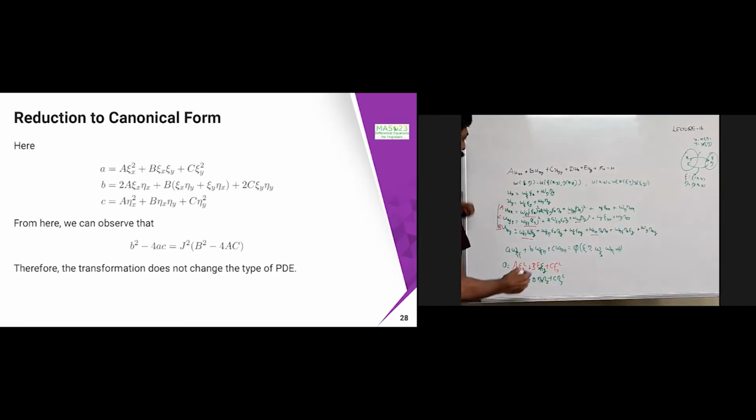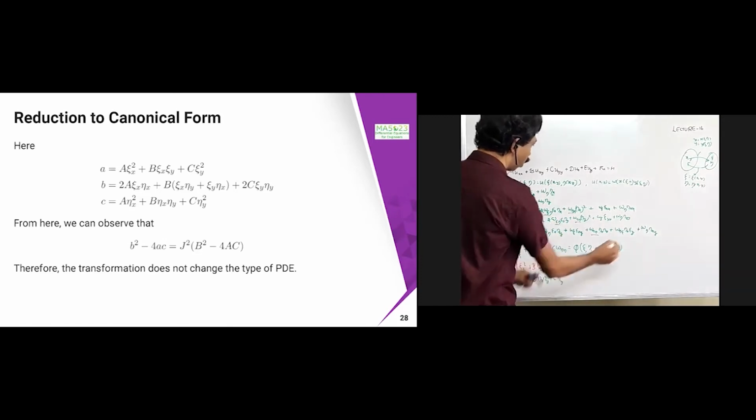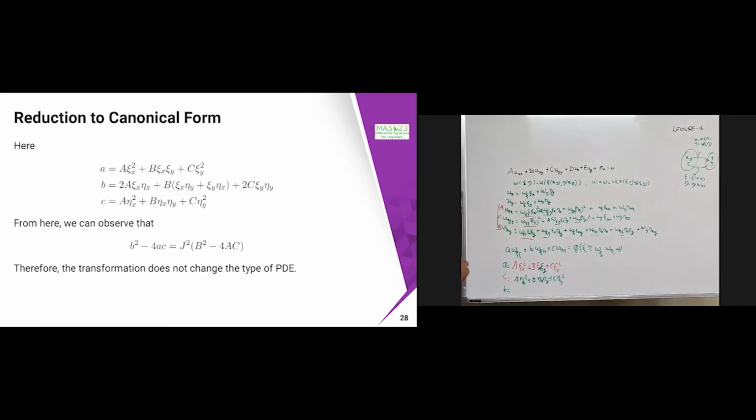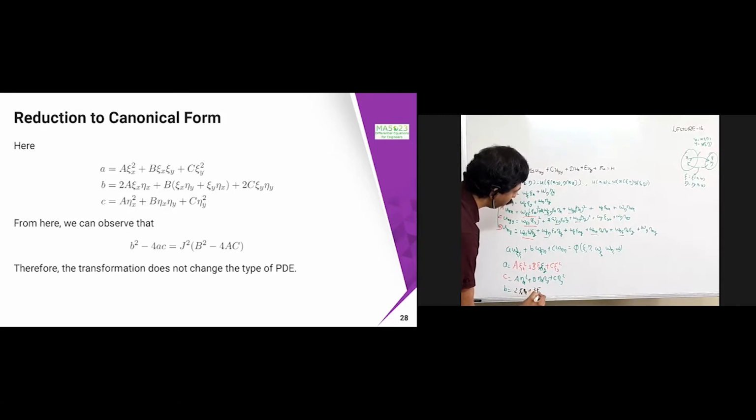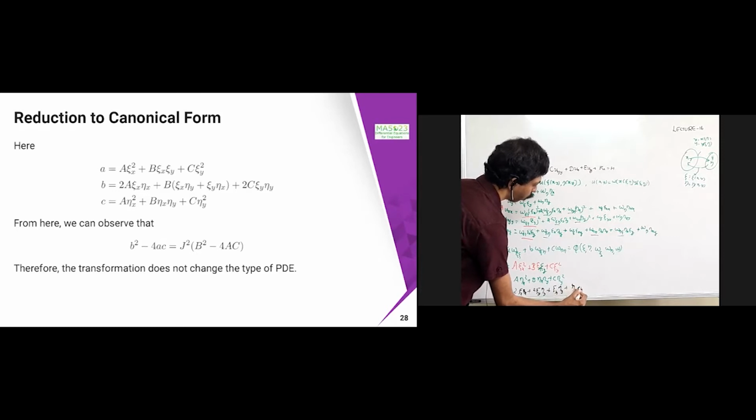Same way you can define B. B is the collection of W eta terms, this term, and one more term is here. So these terms are there. That's why you are going to get 2 times A chi x eta x plus 2 times C chi y eta y, plus B into chi x eta y and then eta x chi y.